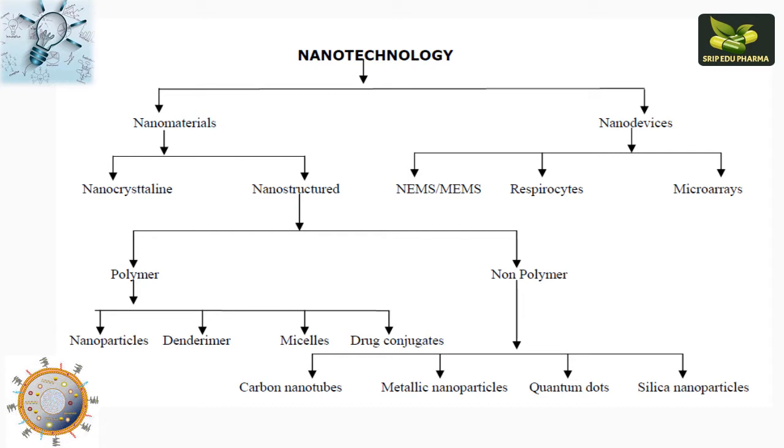While the non-polymeric drug delivery system consists of carbon nanotubes, metallic nanoparticles, quantum dots and silica nanoparticles. So by this diagram you can easily understand, and there is no confusion between polymeric and non-polymeric nanoparticles as well as the division of nanotechnology.